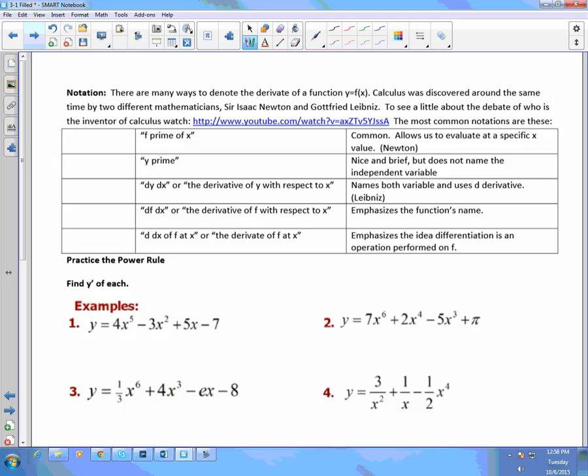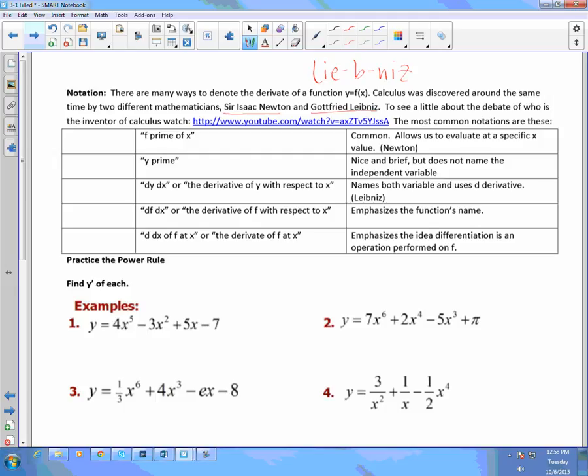This was discovered around the same time by two different mathematicians, Sir Isaac Newton and, what do you think this guy's name is? Leibniz. Leibniz. If you watch that video about the invention of calculus, here are the most common types of notations.